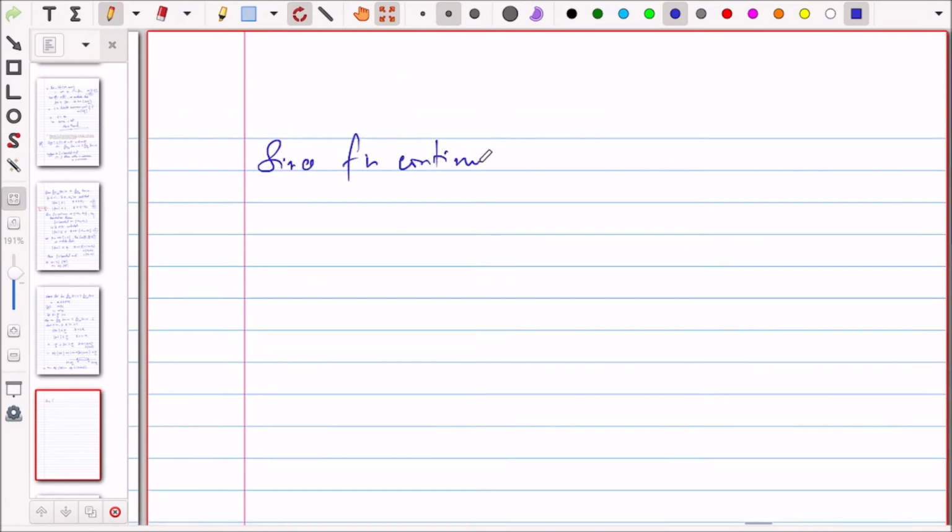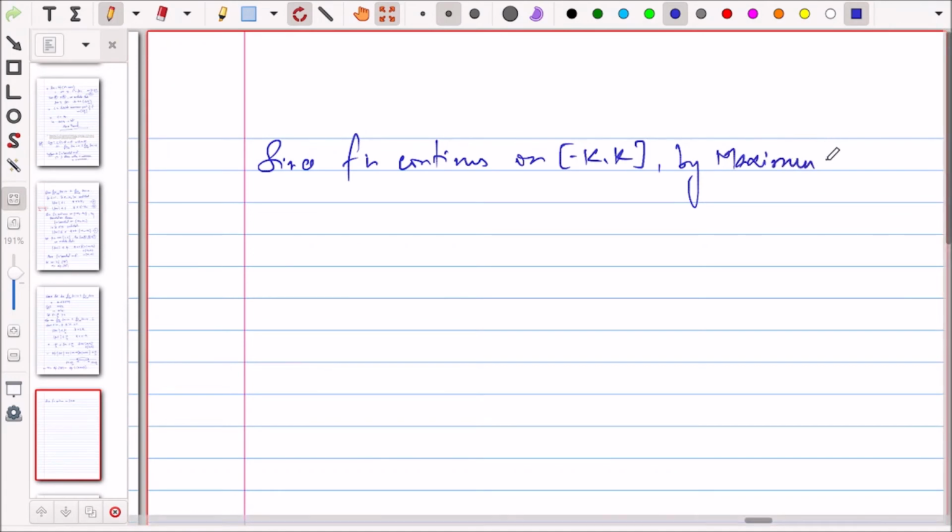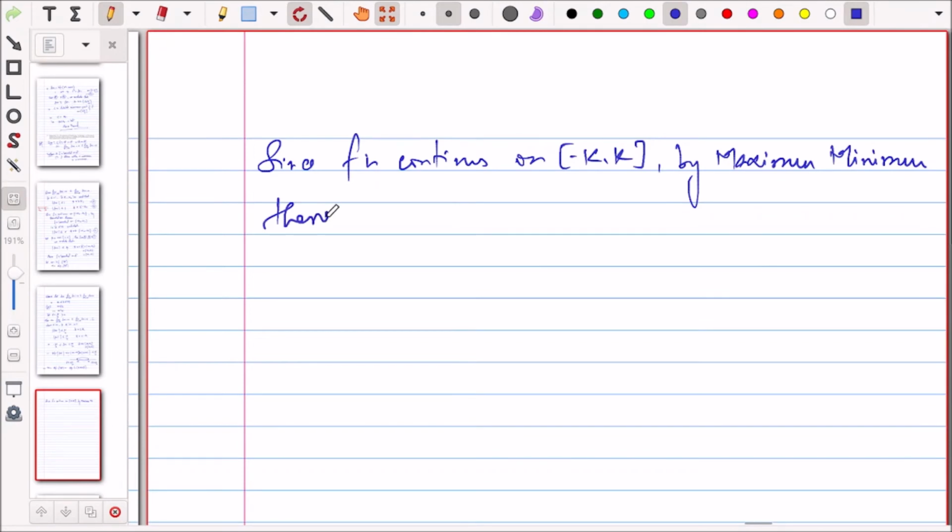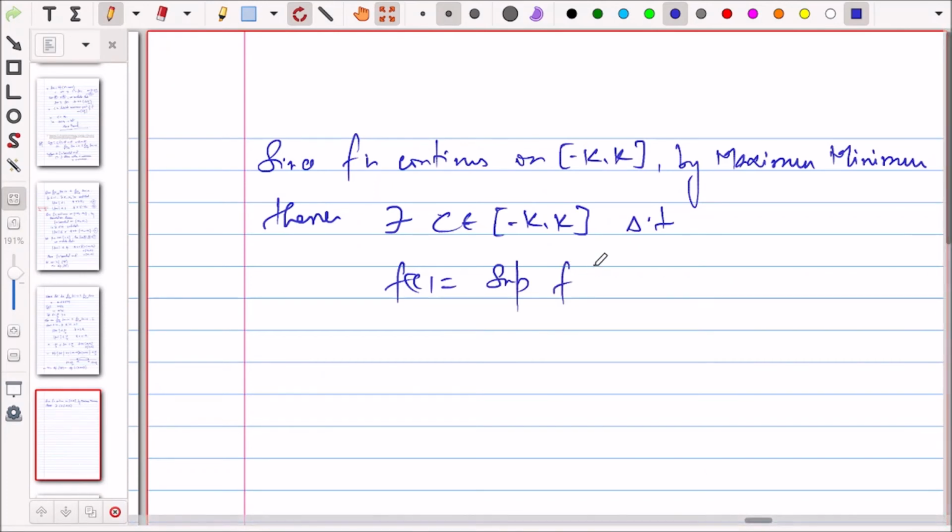And what does this imply? Now since f is continuous on minus k to k, by the maximum minimum theorem there exists x naught or c belonging to minus k to k such that f(c) is equal to the supremum of f over the interval minus k to k, because every continuous function on a closed and bounded interval attains its bounds.